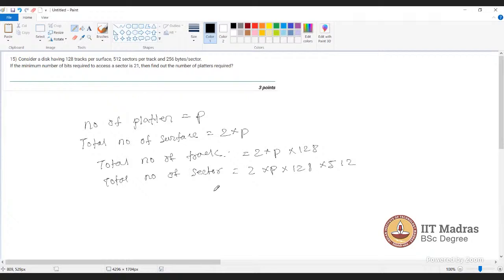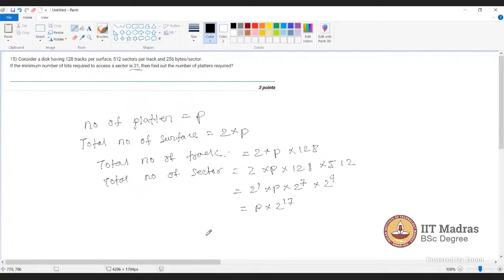So that is 2 to the power 1 into P into 2 to the power 7 into 2 to the power 9. So P into 2 to the power 17, and the total number of bits to access a sector is 21.